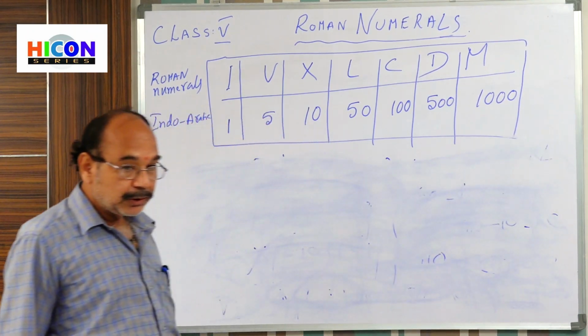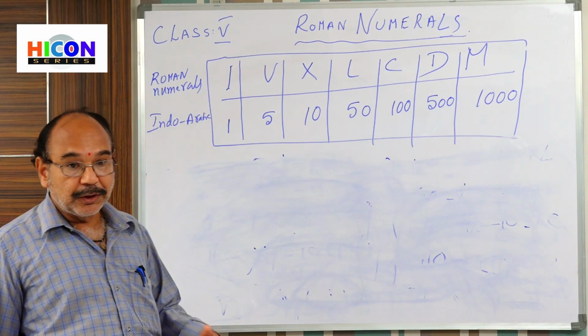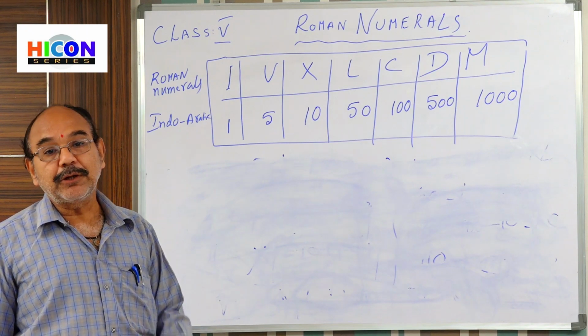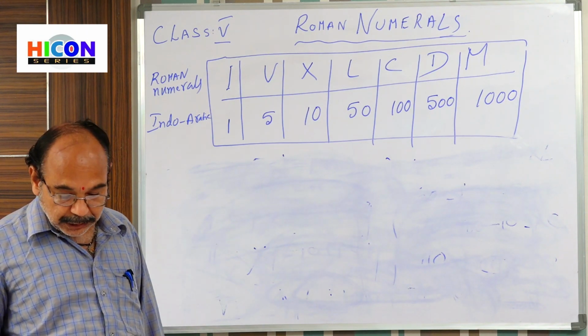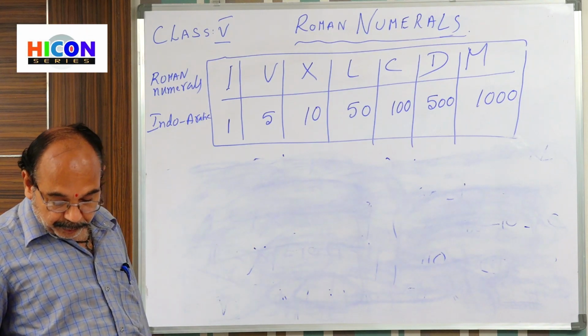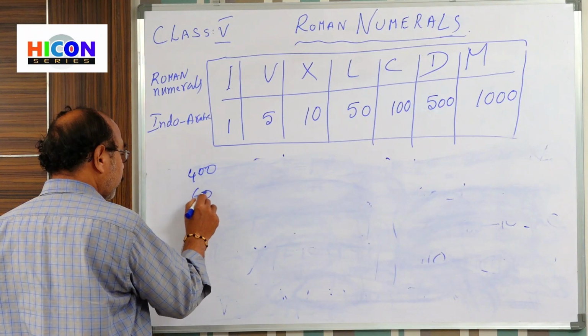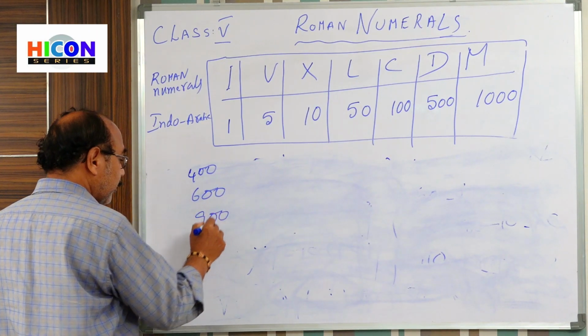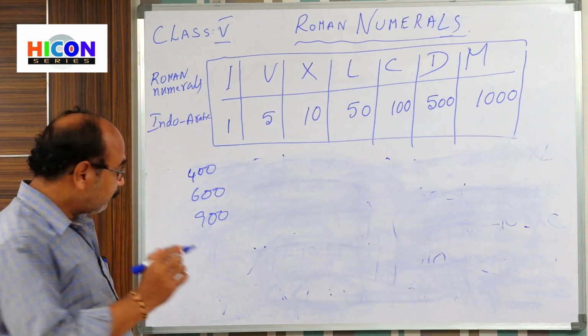By using some examples, we are implementing the rules and regulations in writing the Roman numbers. So here 400, 600, 900, and one big number also we can take, that is 1100.